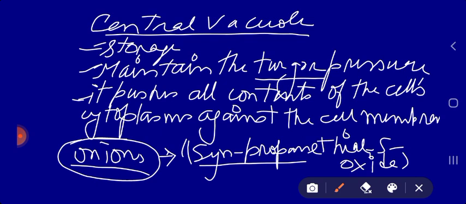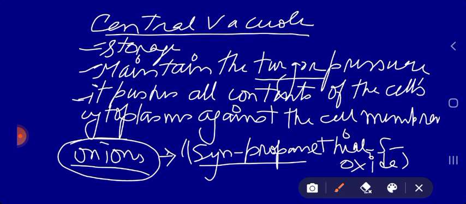Similarly, we find it in the case of garlic also. In garlic, alliin and the enzyme alliinase are normally separated but form allicin if the vacuole is broken.